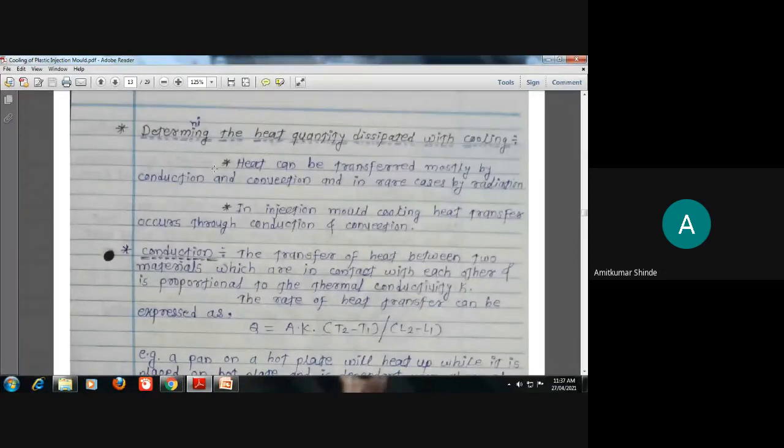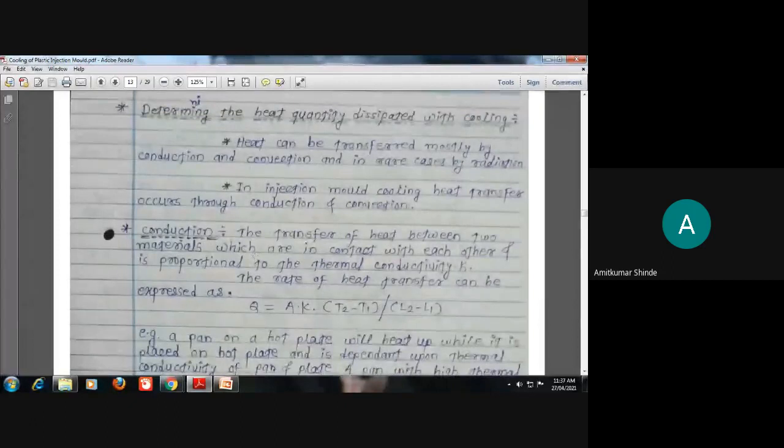Now, how to calculate the actual heat transfer, that is, how to express it in terms of a formula, and if some numericals are provided, how to calculate the exact value of the heat removed from that mold by your coolant or whichever cooling fluid you are using.